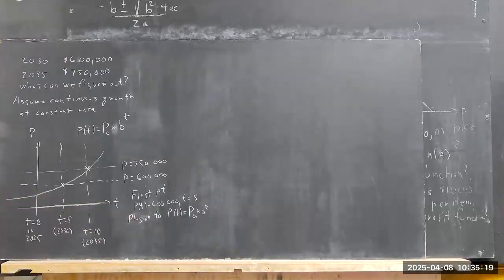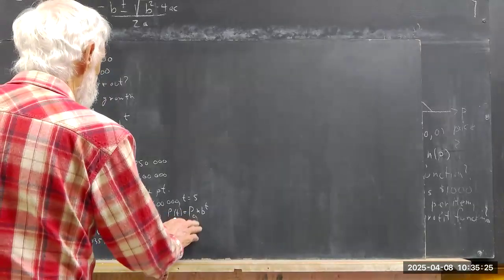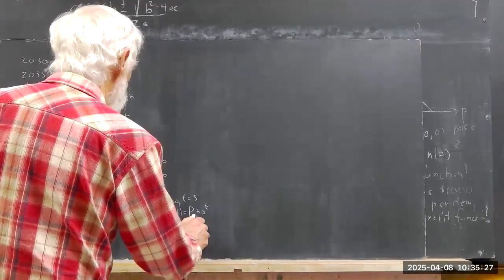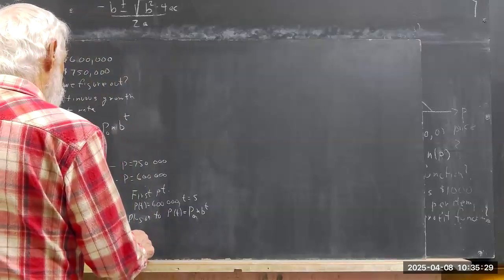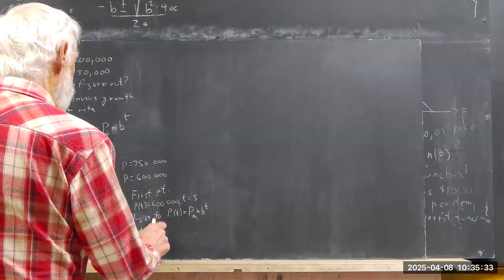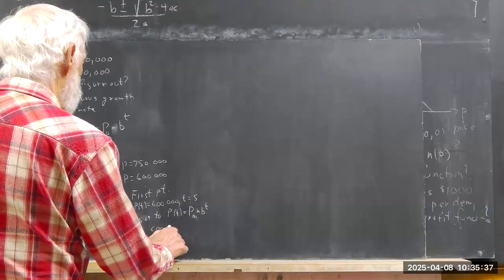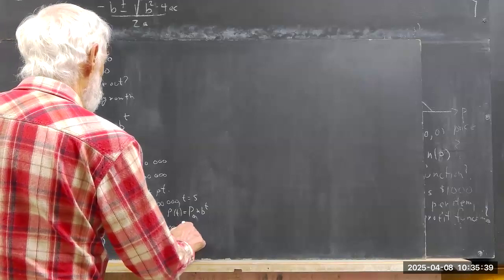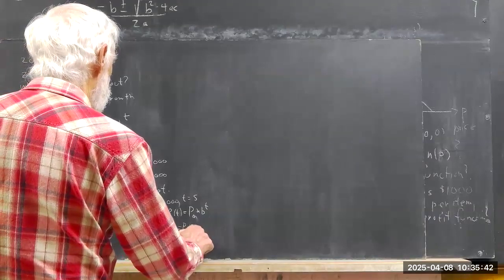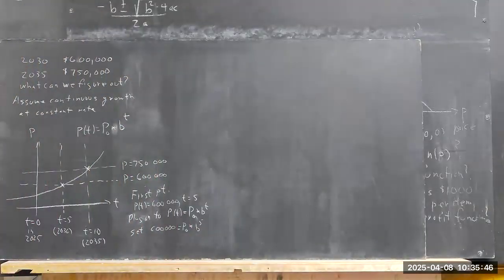We plug that information into our model, P of T equals P naught B to the T. And we get P of T is 600,000 equals P naught times B to the fifth.